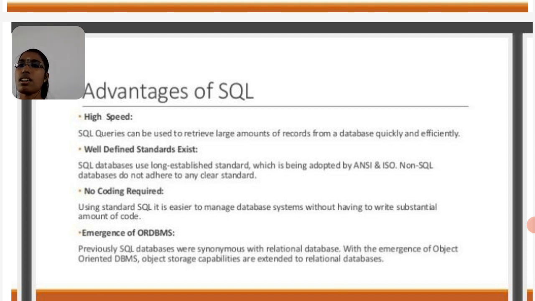Non-SQL databases do not adhere to any clear standard. No coding required, what does it mean? Using standard SQL, it is easier to manage database systems without having to write a substantial amount of code. Emergence of ORDBMS: previously SQL databases were relational, and now with the emergence of object-oriented DBMS.